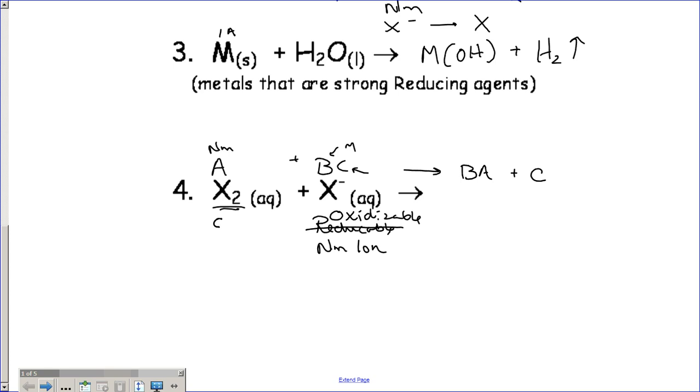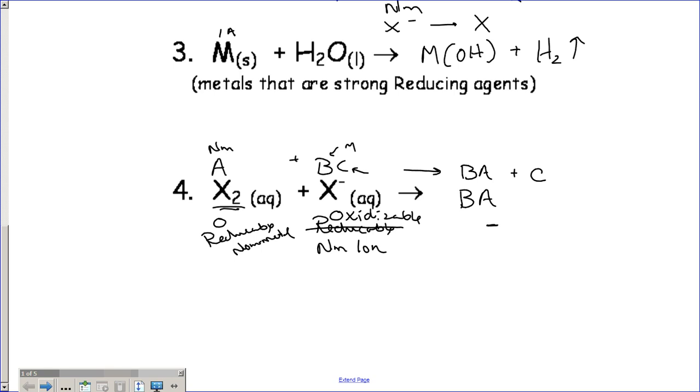Because here what we're having is that this non-metal is going from an oxidation state of 0 to an oxidation state of negative something in that BA compound. So this is a reducible gas. So a reducible nonmetal with an oxidizable nonmetal ion is what's going on here.